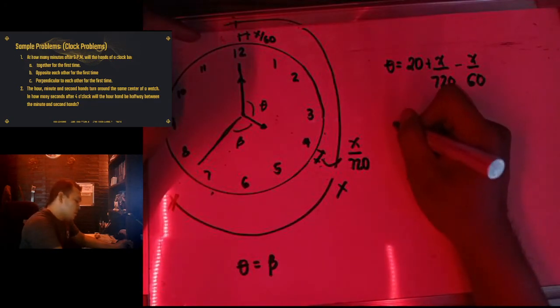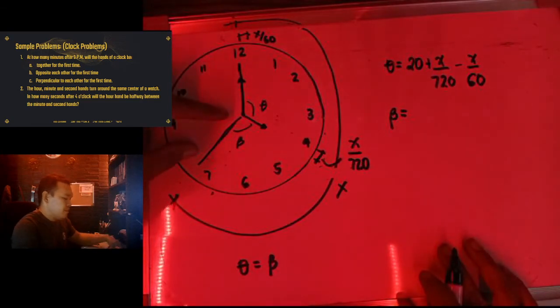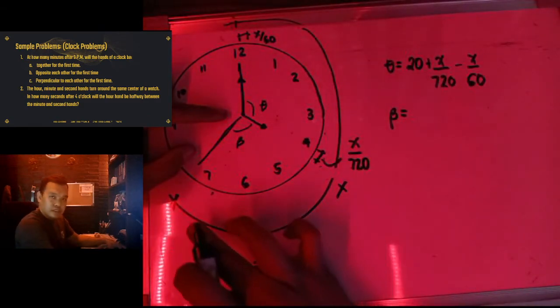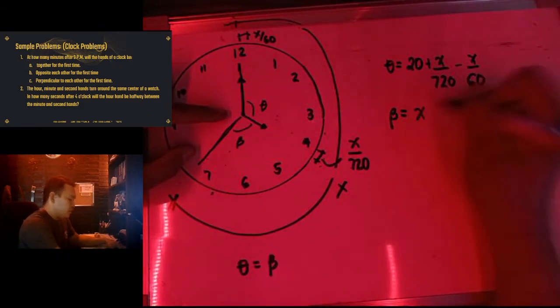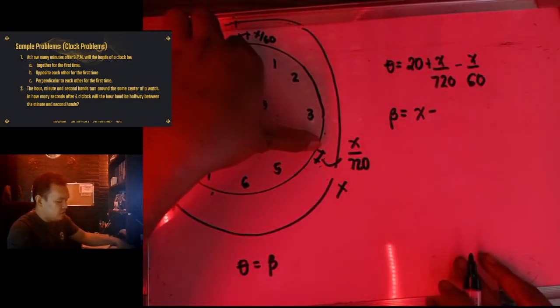For the beta value natin is itong nanditong part. Tama? Okay. So, si beta is equivalent kay yung kabuuan na to, x, minus yung distance travel which is ito.